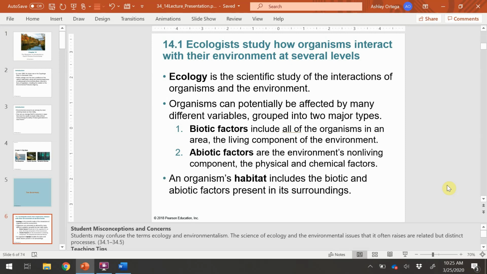So these are things like water, oxygen, carbon dioxide, the sun, precipitation, all those things are not living, and so that will be abiotic factors. Whereas biotic factors are all living organisms, and so that is a key difference here when looking at ecology and looking at the two major factors involved.